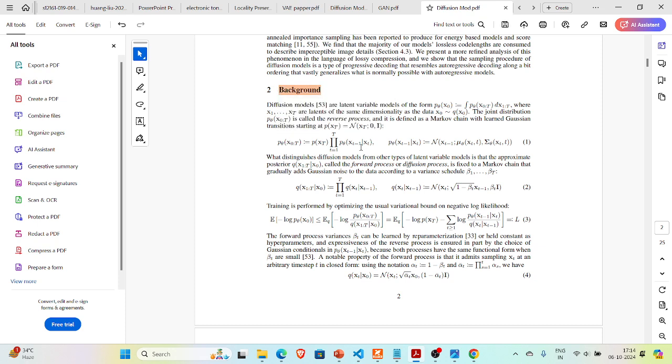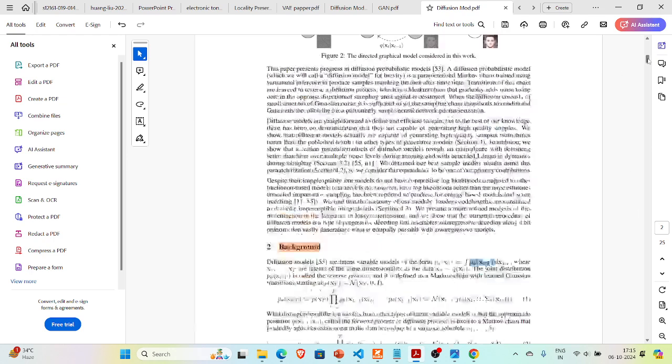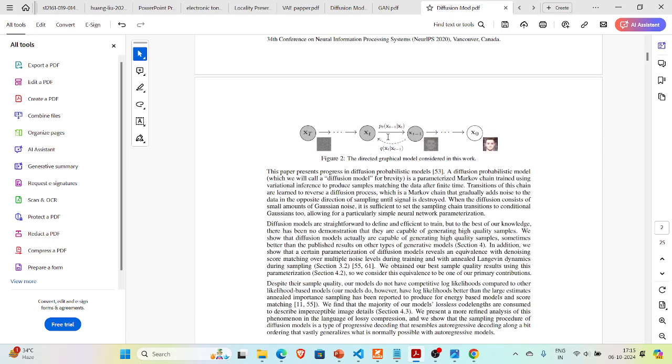So diffusion models are latent variable models of this form. This is the joint distribution; from the variational part you can remember that x and z were there. Here there are several steps in the form of Markov chains. From x0, in the forward process we add noise getting to xt.